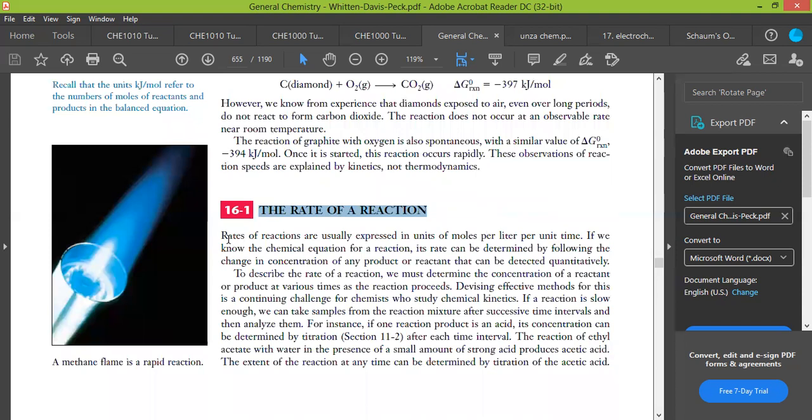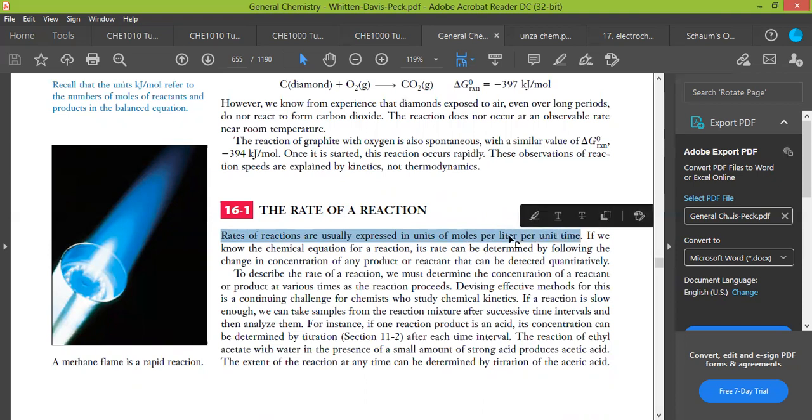So the rate of the reaction is actually the change of a particular species with time, like I tried to explain yesterday. So every time you are going to use per time for the unit for rate. So rate here, they're saying, is usually expressed in units of moles per liter per time.